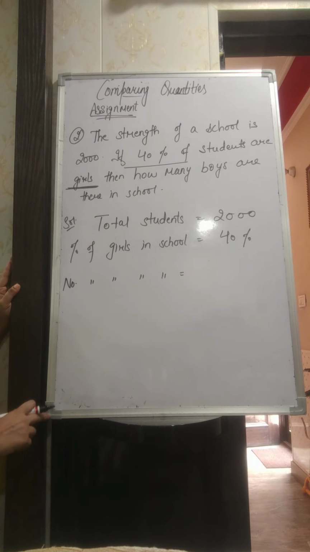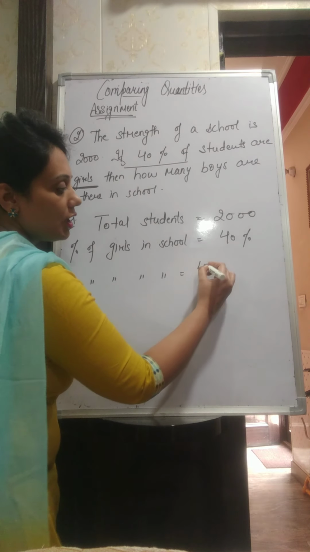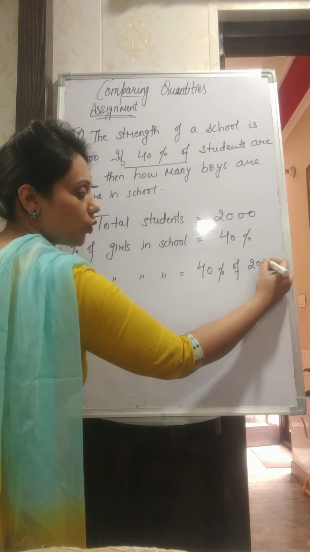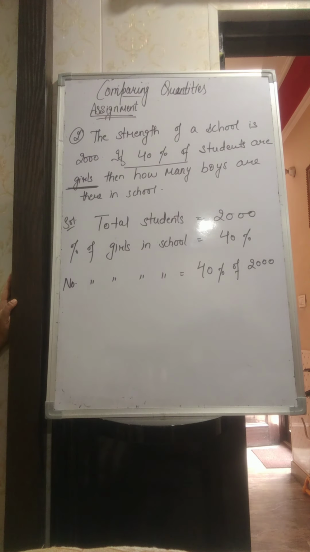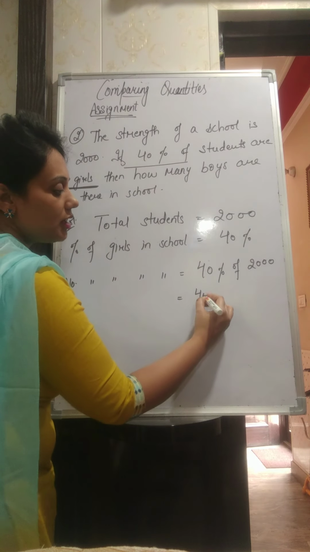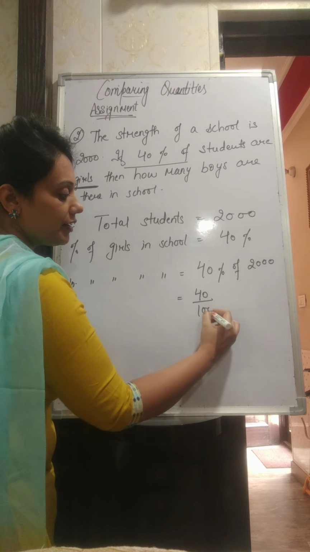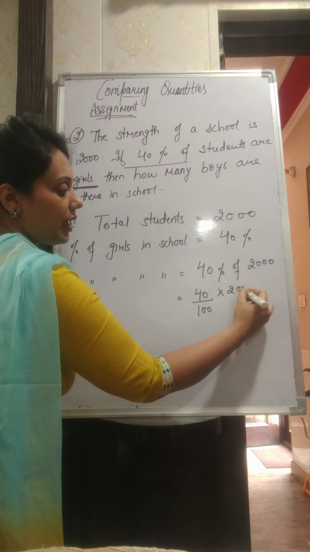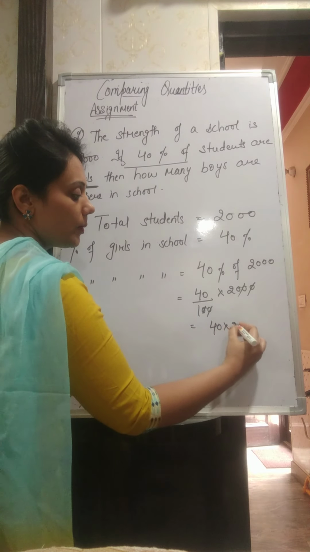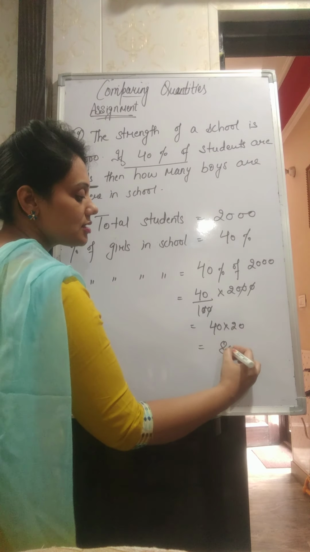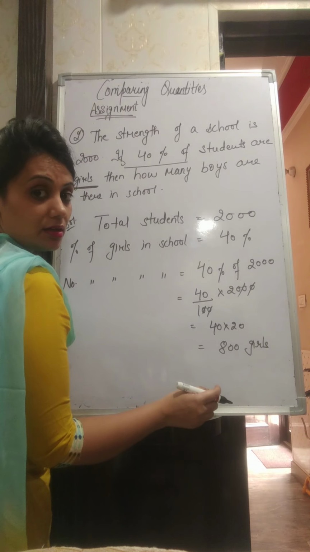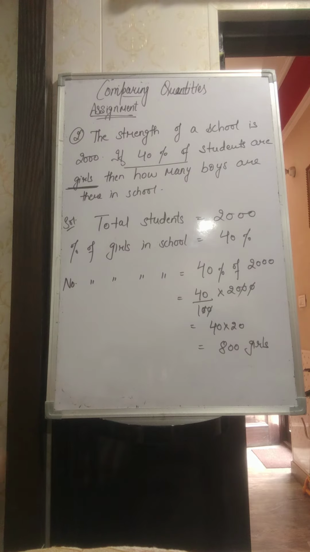How many girls will be there in the school? 40% of the total, that is 40% of 2000. We will solve it. 40 divided by 100 multiply 2000. So, how many girls are there in the school? 800 girls are there in the school.